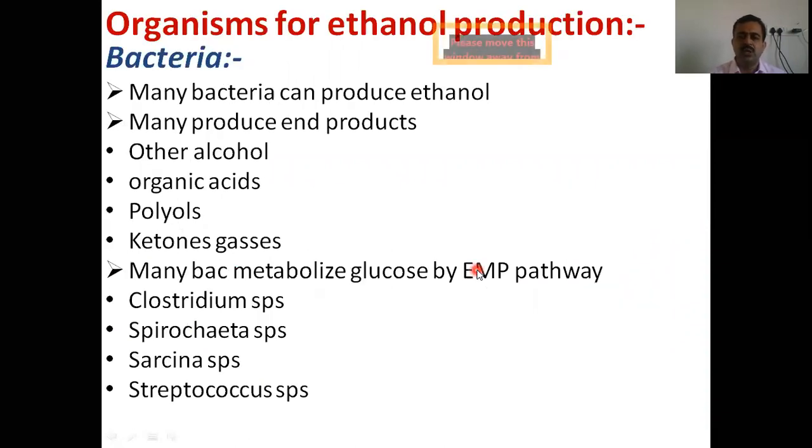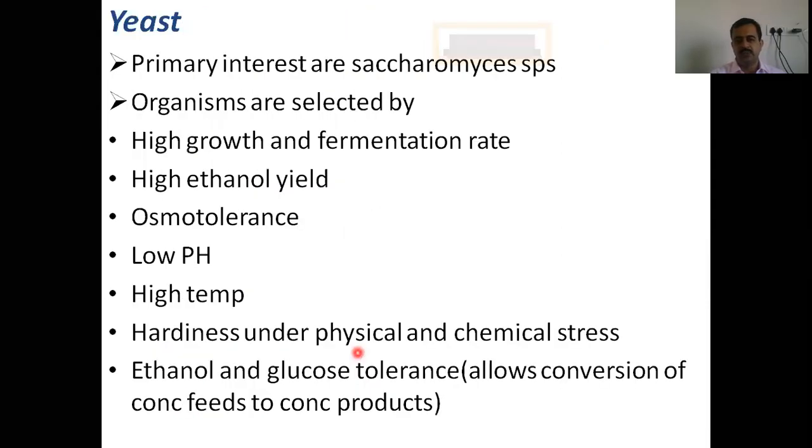Now, which organisms are used for fermentation or ethanol production? Many bacteria can produce ethanol; many produce end products like other alcohols, organic acids, polyols, ketones, and gases. Many bacteria metabolize glucose by the EMP pathway. See this: Clostridium species, Spirochaeta species, Sarcina species, and Streptococcus species. These are all bacterial species by which ethanol production can take place. Yeast: generally, ethanol is produced by yeast.